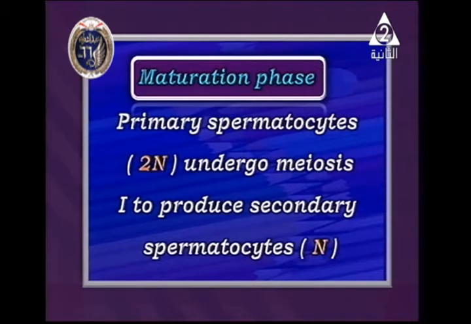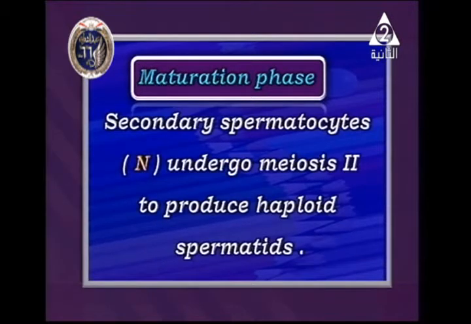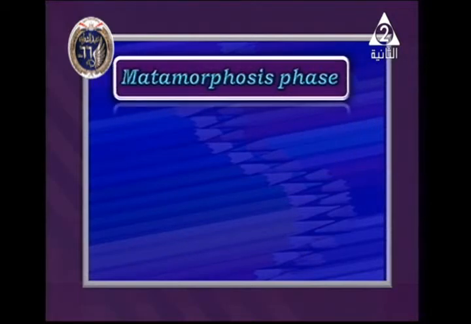Each one cell gives us 2. After that, the secondary spermatocytes, which carry half of the genetic material, undergo meiosis 2 to give us the haploid spermatids.